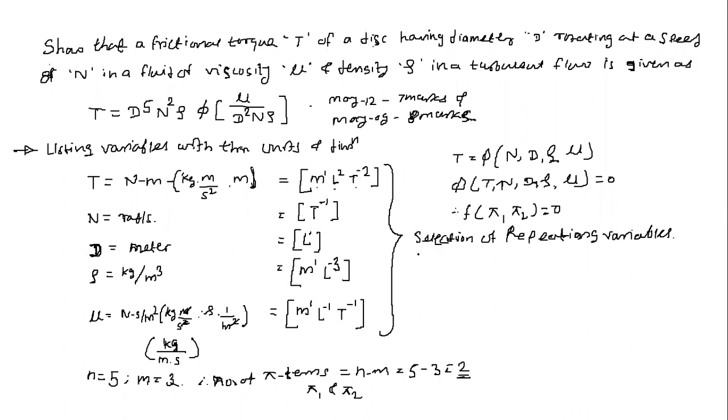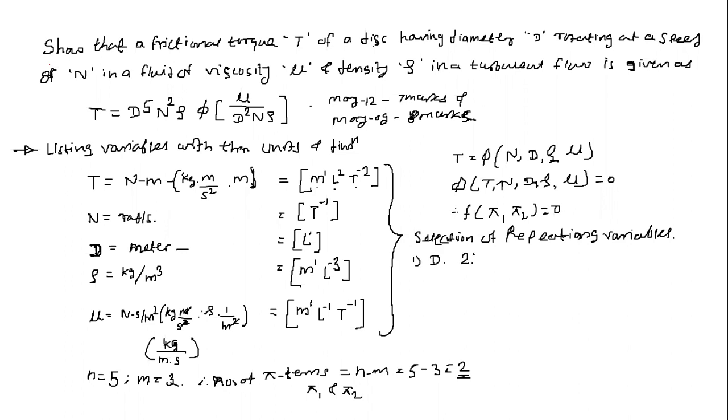Geometric property means the linear dimension. For representing a linear dimension, we are going to consider the diameter. So diameter represents the linear dimension, and the first repeating variable I would like to take is D.